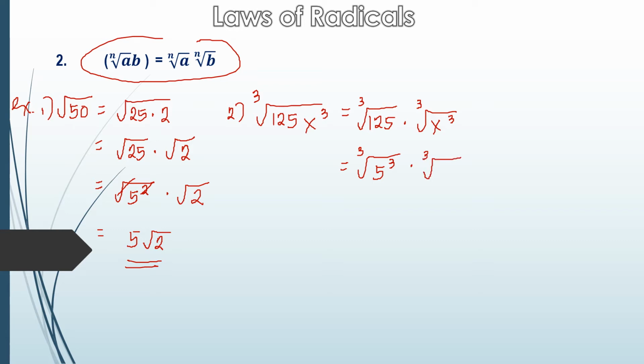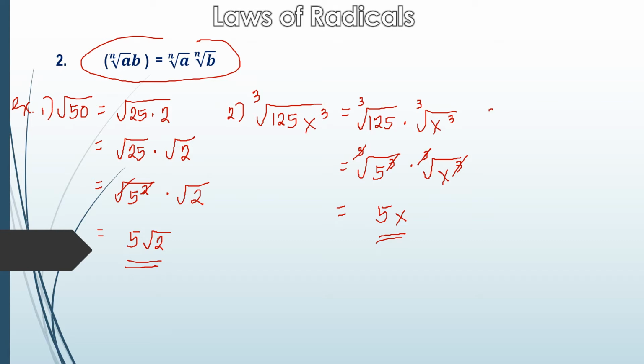Bring down the cube root of x cubed. And then applying the first law of radical, the cube root of 5 cubed is equal to 5. And the cube root of x cubed is x. Therefore, the cube root of 125x cubed is 5x.